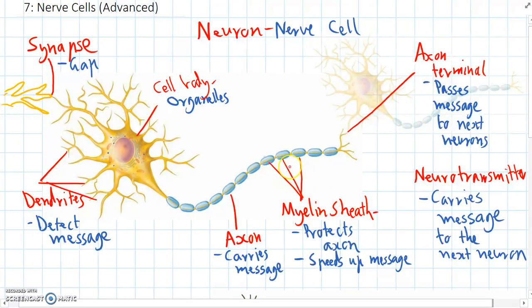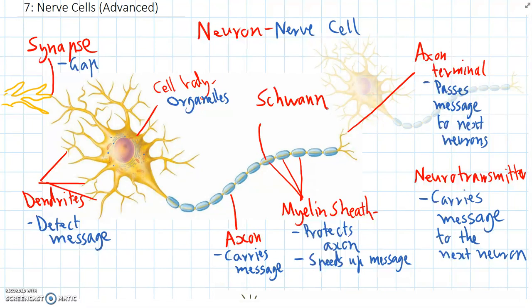We also looked at the myelin sheath, which are these blue cells that are wrapped around the axon, and they protect the axon and speed up the message. Each one of these cells, though, is called a Schwann cell. That's named after the scientist or the researcher who discovered them.